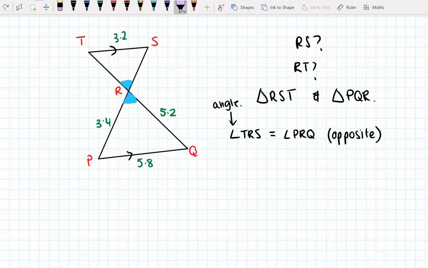The Z rule is alternate. So we can show, and again, use colors because it helps you, that angle S here, I'm just going to put a little squiggly star in purple, is the same as angle P here. Be careful because some people think it's Q. So now we can say angle TSR is equal to angle QPR.